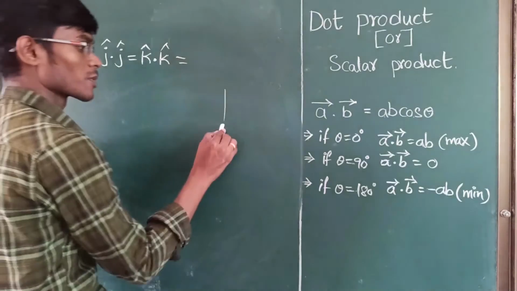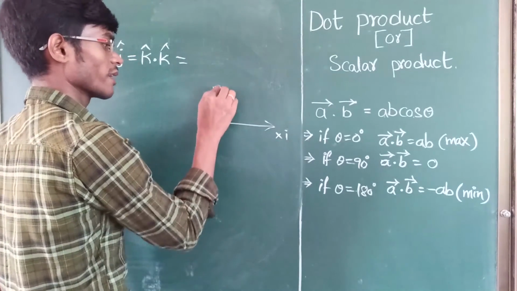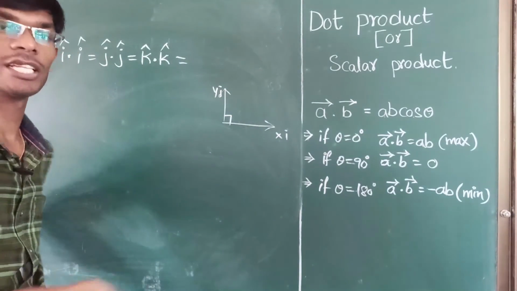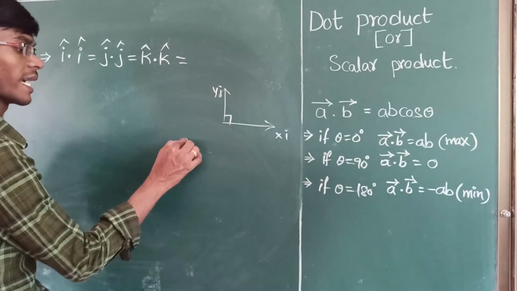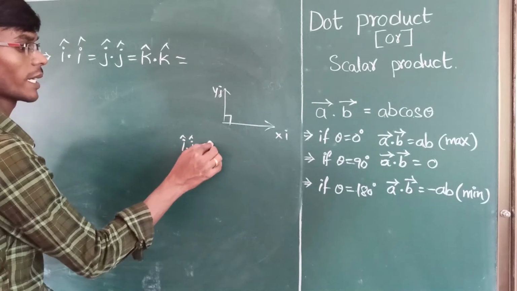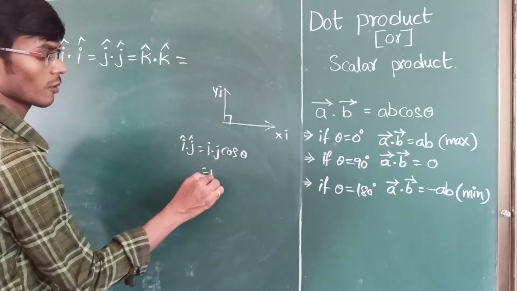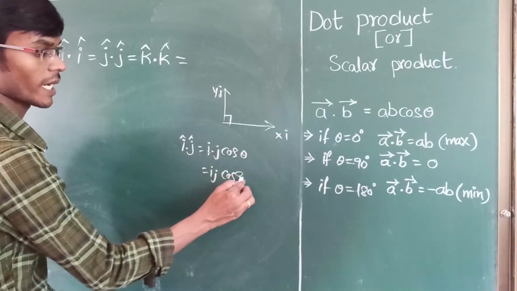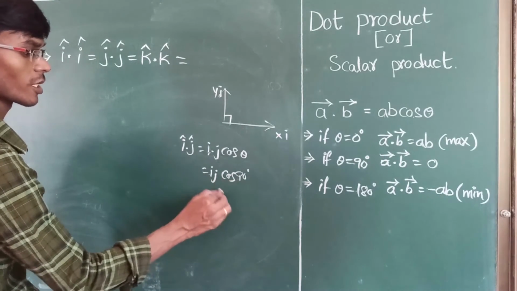Observe, along the x-axis is I, along the y-axis is J. How are these two related? The angle between these two vectors is 90 degrees, they are perpendicular to each other. So for I dot J, it is I into J into cos theta. What is the angle between these two? 90 degrees, and cos 90 is 0. So I into J into 0 is 0.